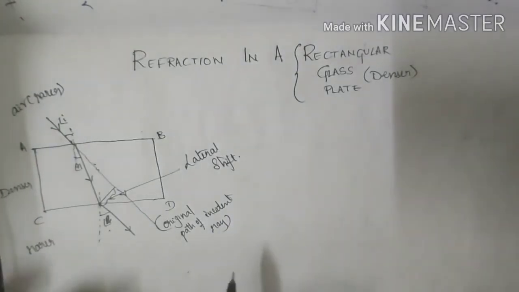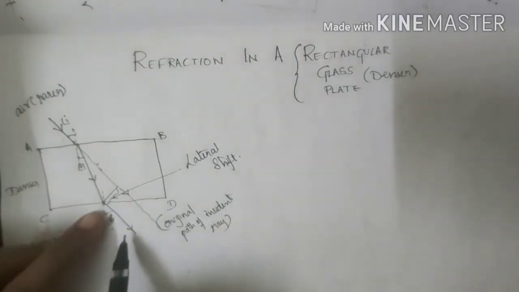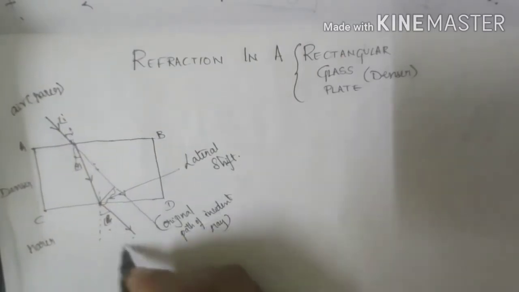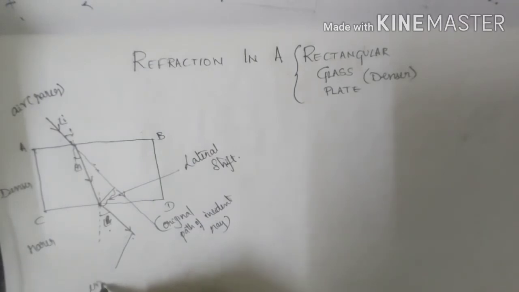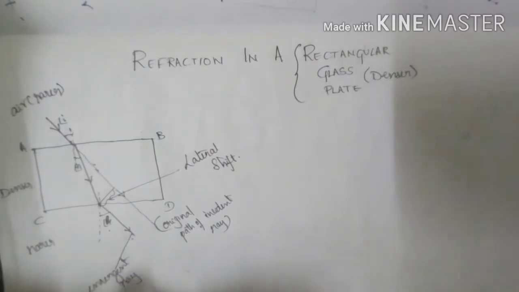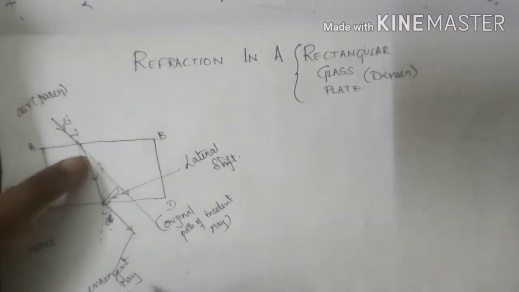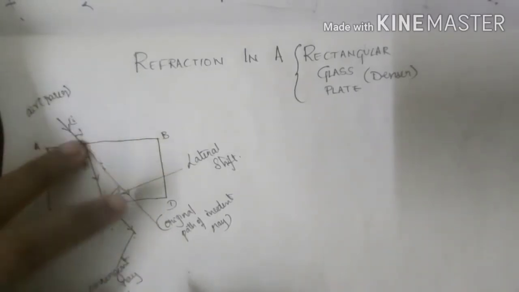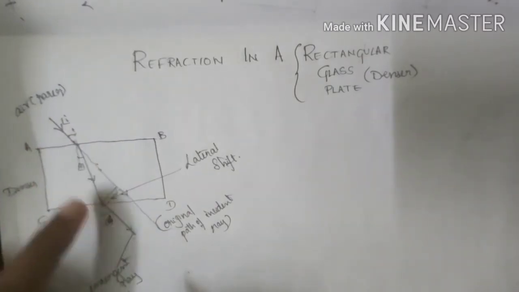For now, I'm just explaining what is what. So this is the emergent ray. Let me name it as emergent ray. The emergent ray is due to the two refractions that are happening. Refraction 1 is between rarer and denser, and refraction 2 is between denser and rarer.